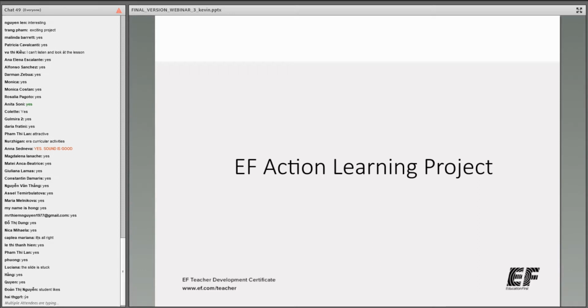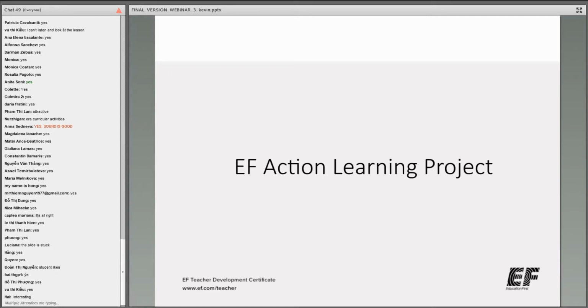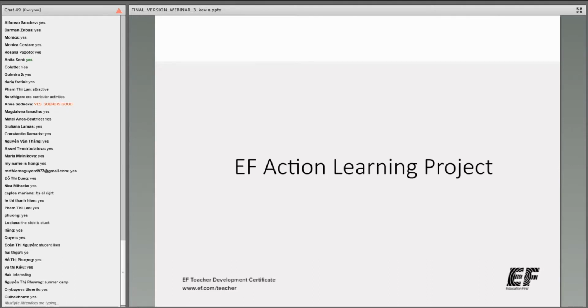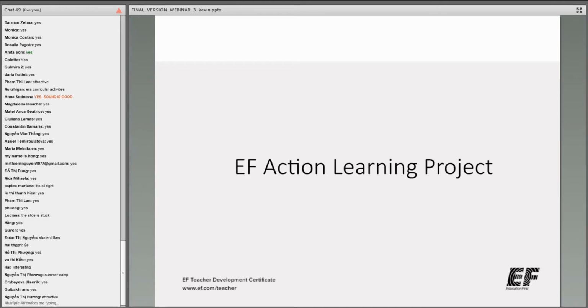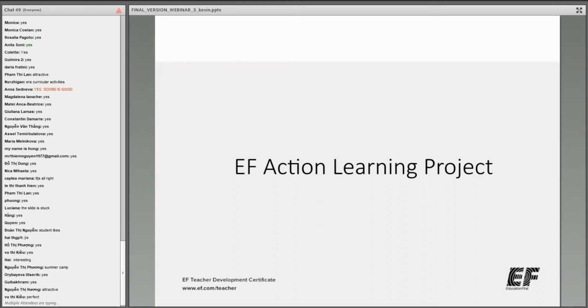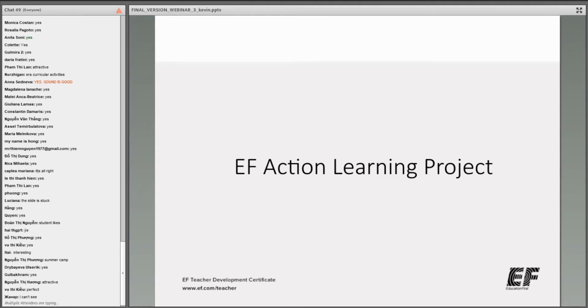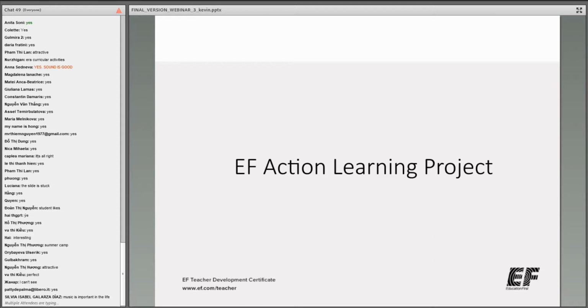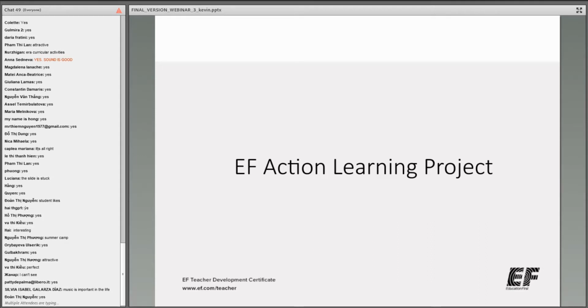Sound is good. Awesome. So what happens in the EF Action Learning project is that the students work together when they are in the classroom and outside of the classroom. They take pictures, they take videos, and during some time in the lesson, they have a slot reserved for them to put together this project.